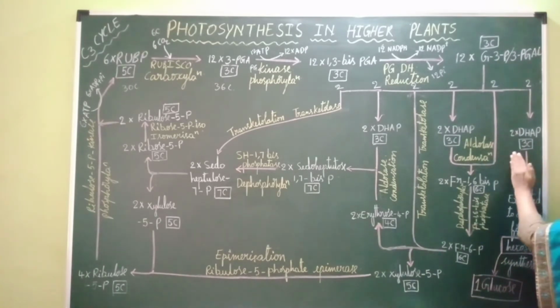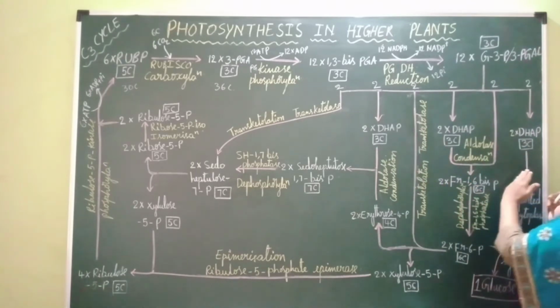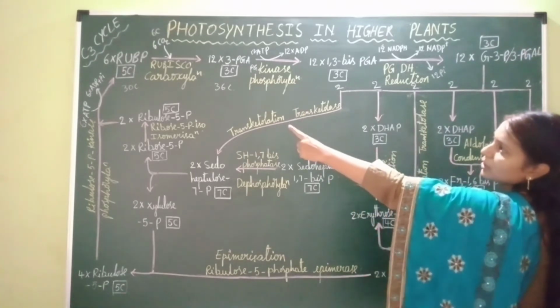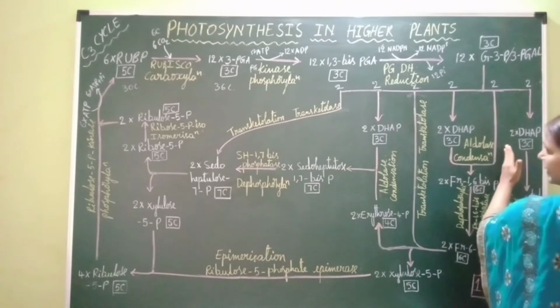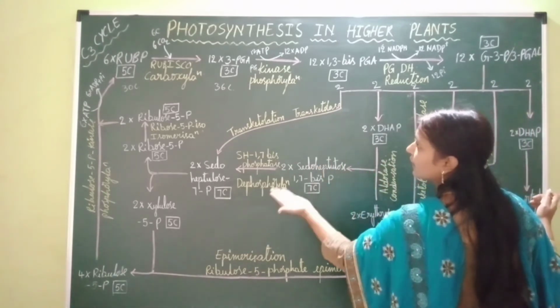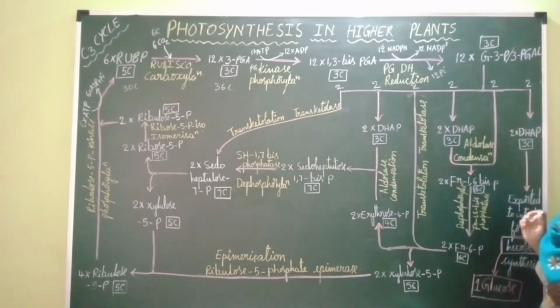Whereas the remaining 10 molecules of G3P are utilized for the regeneration of 6 molecules of RuBP. So all these reactions from here are involved in the regeneration of 6 molecules of RuBP. Now let's study all these regeneration steps.